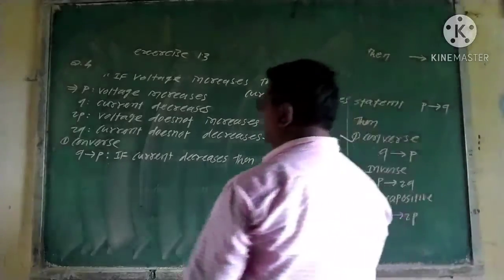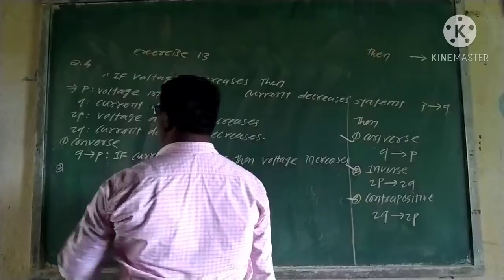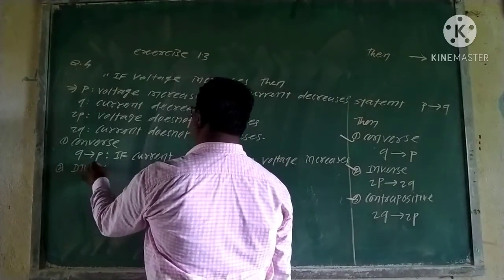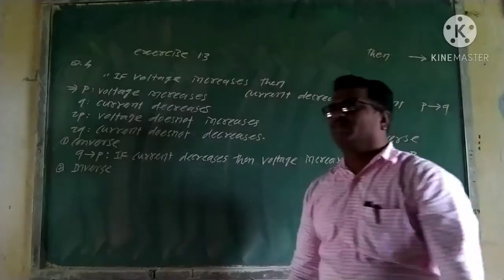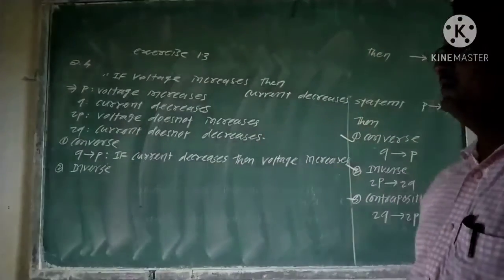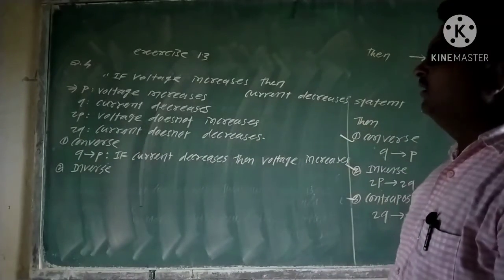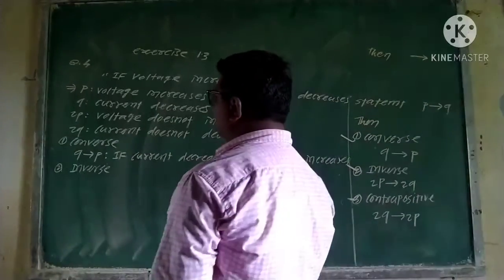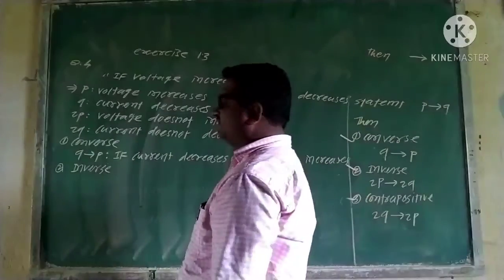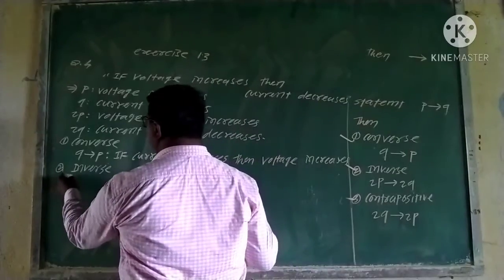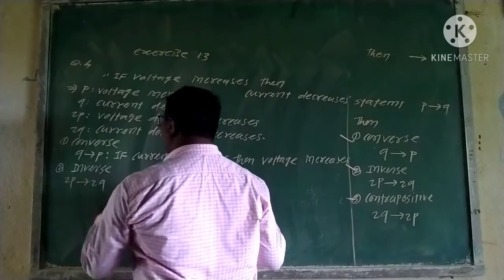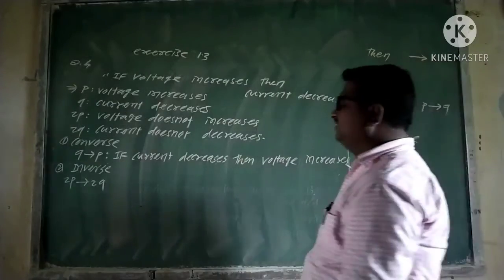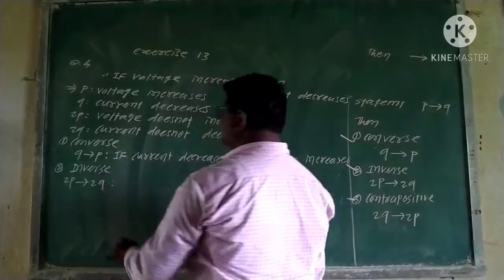Now next we can write the inverse of the given statement. Inverse means in the given statement we write the negations of the given statements. Negation P implies negation Q. Now let's see that.